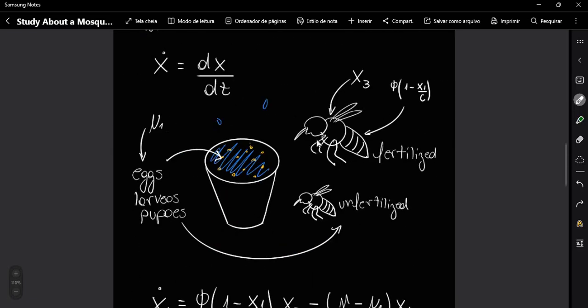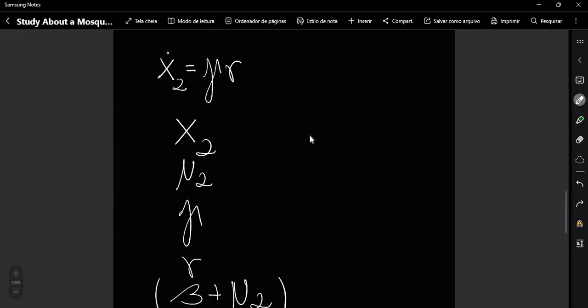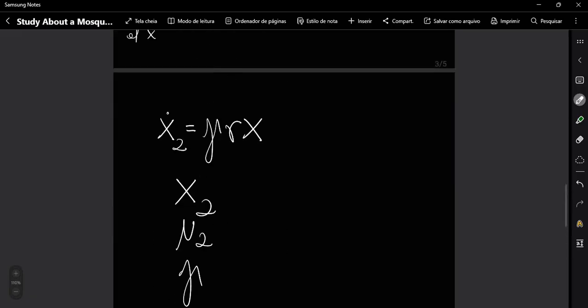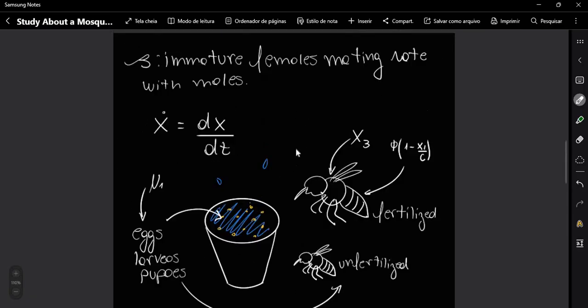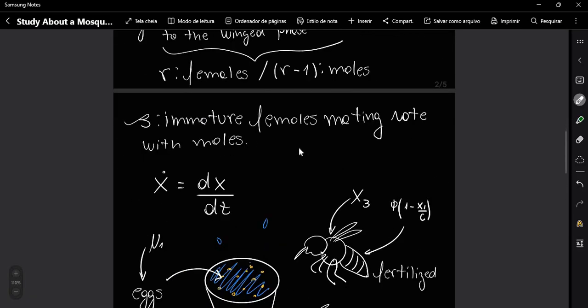So we multiply this variable right here. So it's x1 times this rate, which is the quantity of these individuals that manage to pass from the aquatic to the winged, and minus, let's see, beta is the immature females mating rate with males.